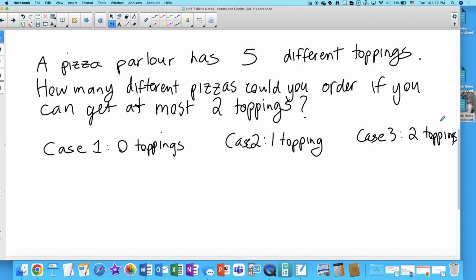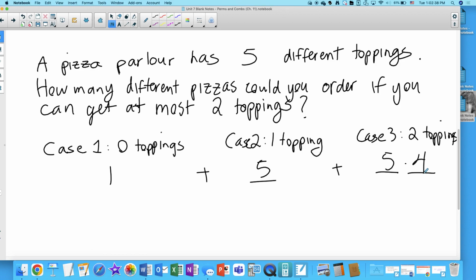Right? Now, if you're getting 0 toppings, how many ways can you do that? 1. Yeah, because you're just getting the sauce and the cheese, right? This would be if you're getting 1 topping. 5. There's 1 space, and there's 5 options, right? Here, getting 2 toppings, 5 times 4.